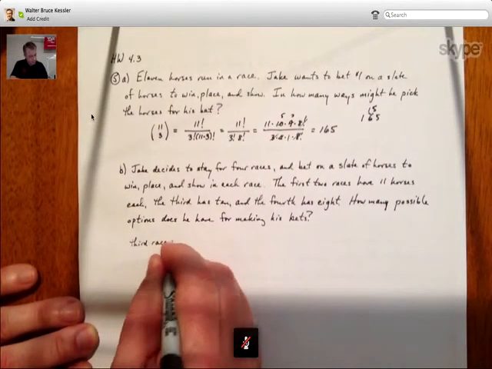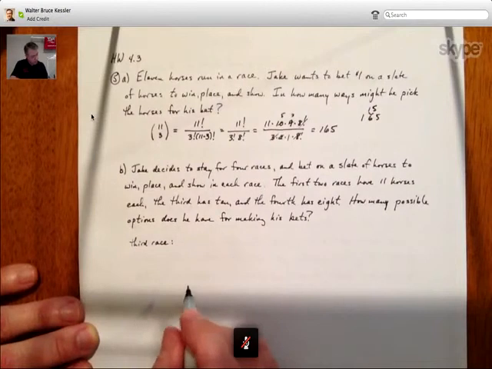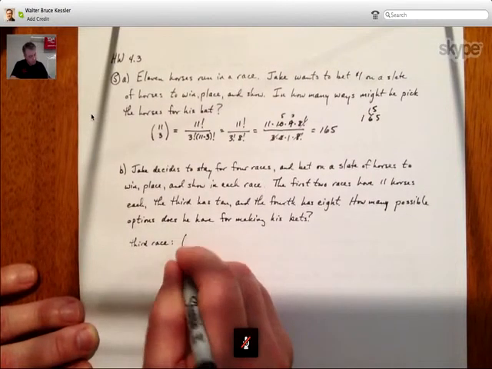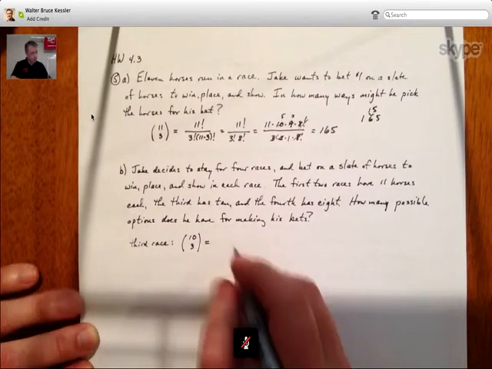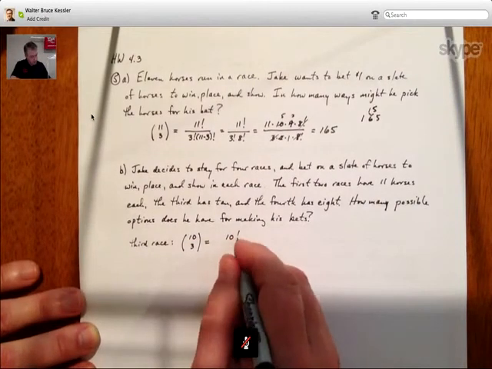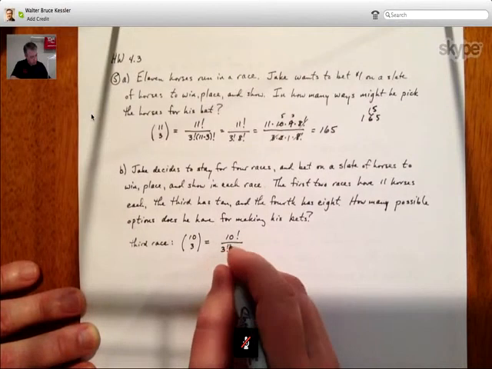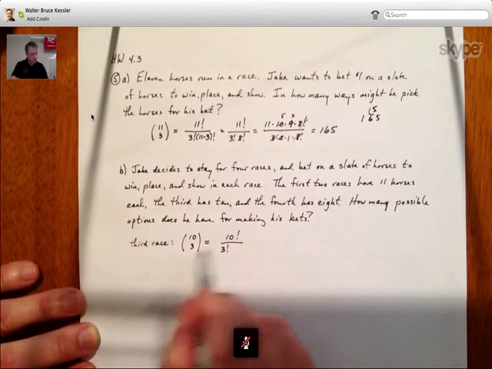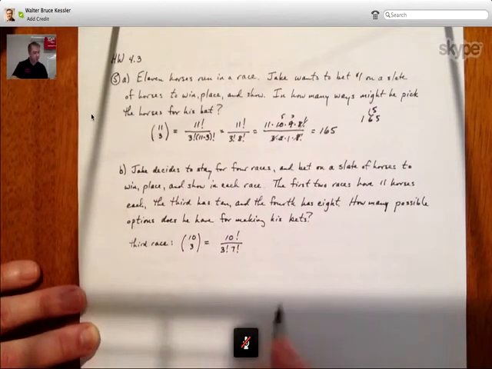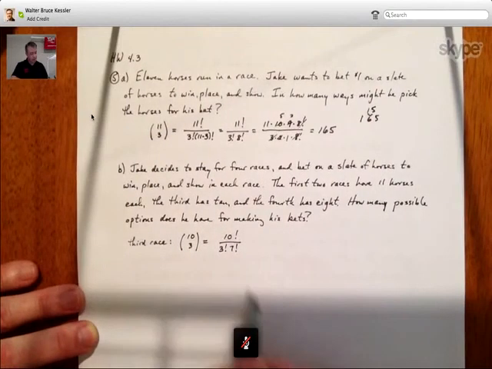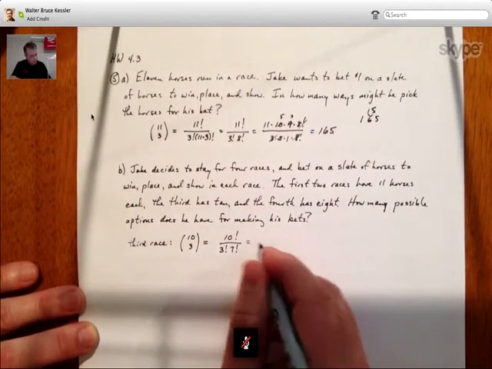Third race, there are 10 horses, and he's choosing 3 in no particular order. 10 factorial over 3 factorial, and I'm going to start doing this in my head. 10 minus 3 is 7 factorial. Okay, I've shown you where that comes from. You do a subtraction problem, and it's that factorial.